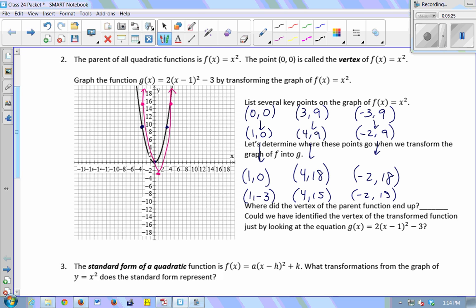So where did the vertex end up? That low point, 1, -3, right? Okay. Could we have identified the vertex as 1, -3 just by looking at this equation? Is it hiding in there somewhere?